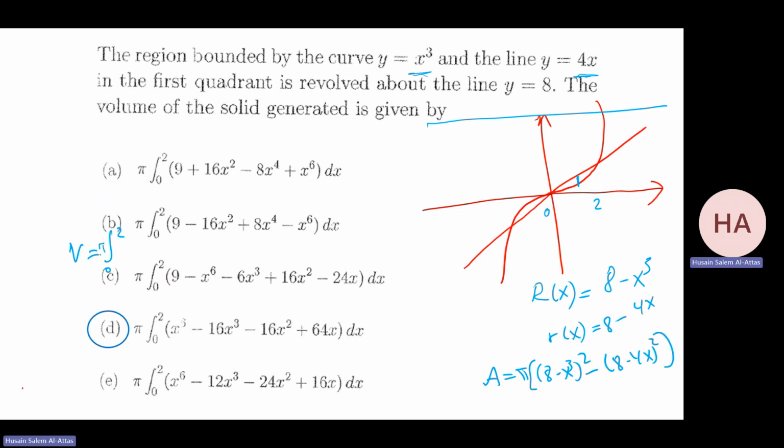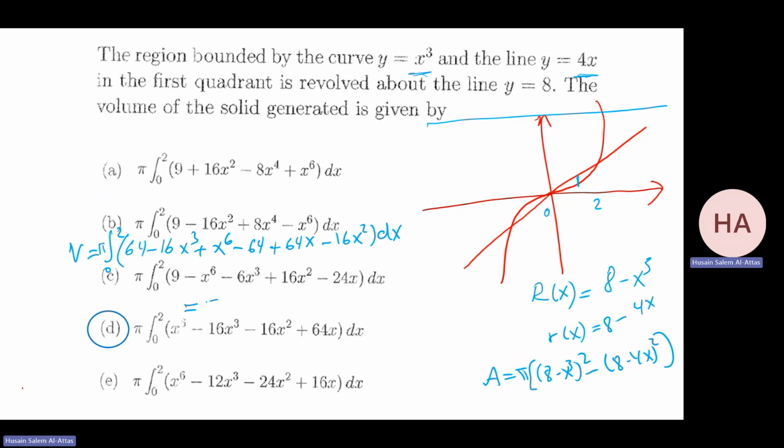I have pi outside. You have 64 minus 16x cubed plus x to the power 6 minus 64, so it will be plus 64x minus 16x squared dx.